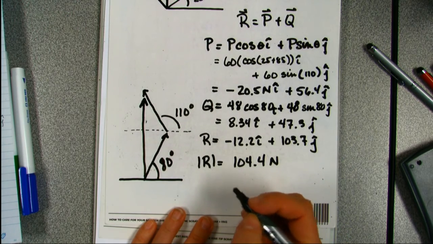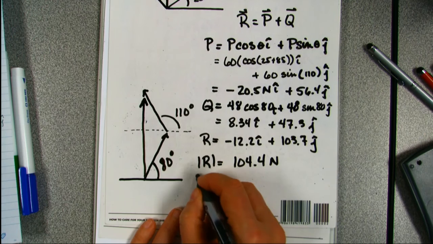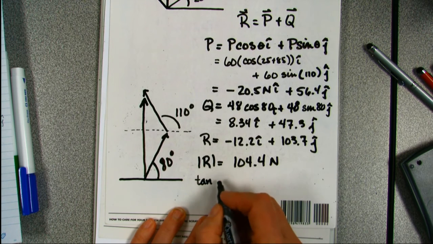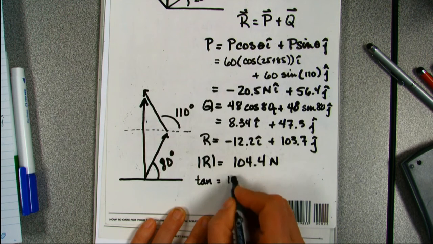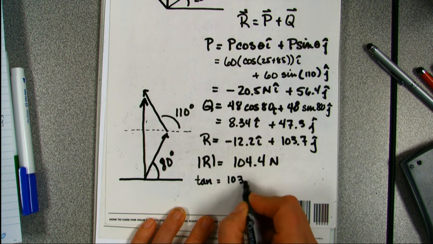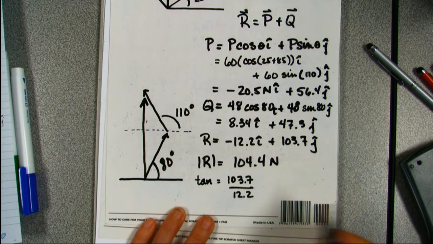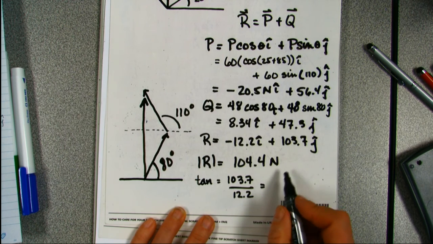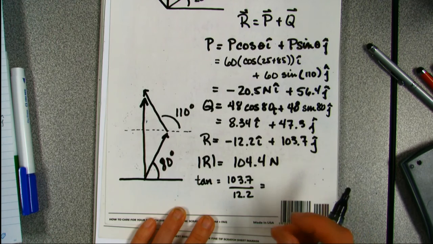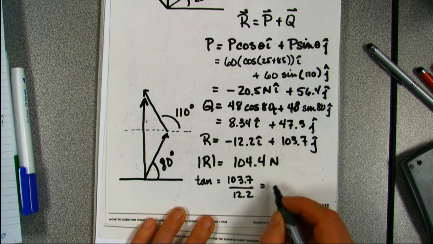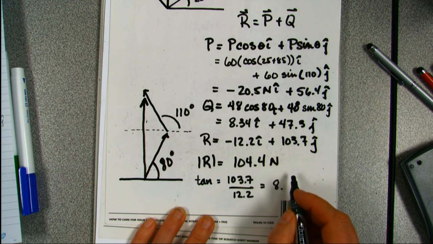And then my angle, if I do 103.7 divided by my 12.2, that's going to give me 8.5. I think that's right.